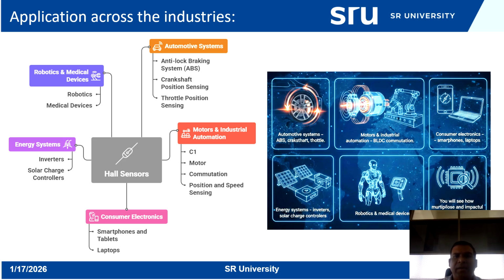I have already explained this; just for your understanding, I have highlighted this particular slide. You can see the broader areas: energy systems, then robotics and medical devices, then automotive systems, then motors and industrial automation, then consumer electronics.